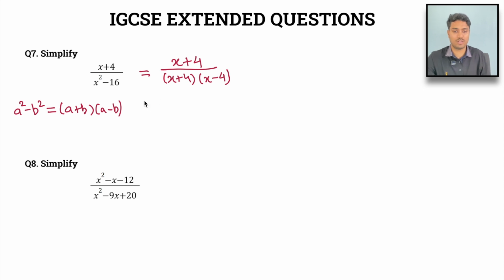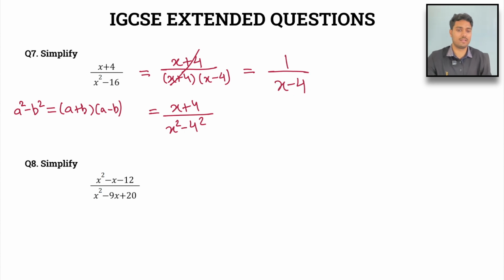So you can write it as x plus 4 upon x square minus 4 square, and now this can be written as x plus 4 times x minus 4, and that is how x plus 4 and x plus 4 will cancel out, and the final answer will be 1 upon x minus 4. So these things you have to do mentally, and you have to remember these identities to solve these kinds of algebraic fractions where identities are applicable.